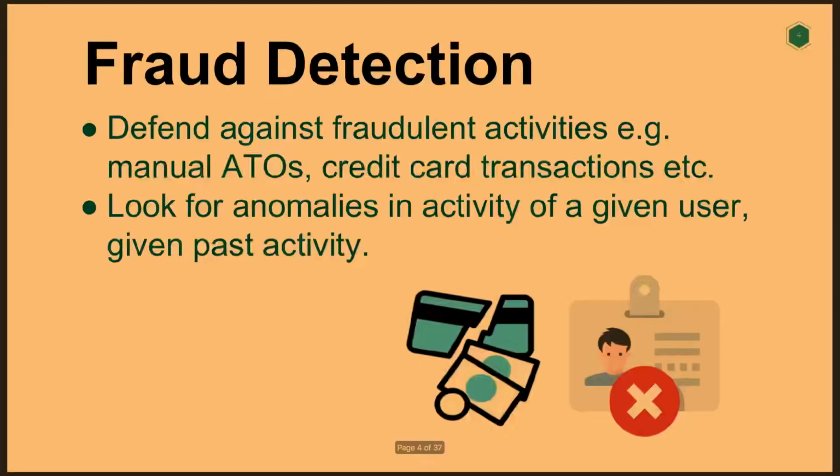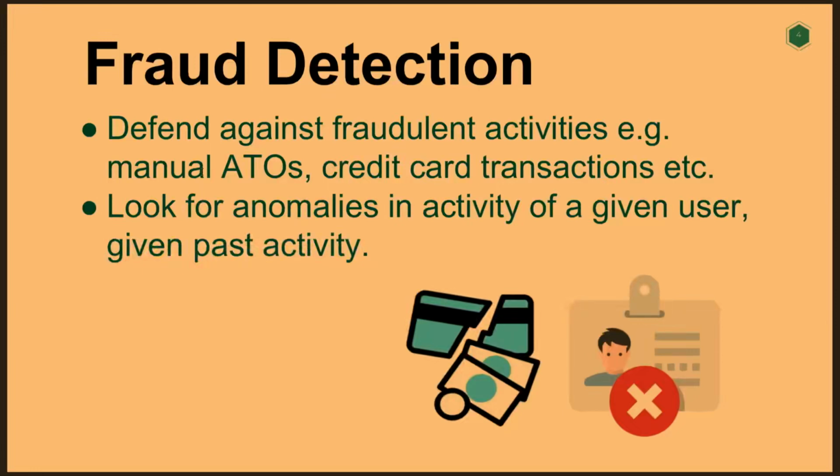The other problem is fraud detection. Somewhat similar. Essentially what you're looking for is anomalies in activities here as well. But here what you're usually looking for is anomalies given past behavior. For example, here, a common example is credit card transactions.